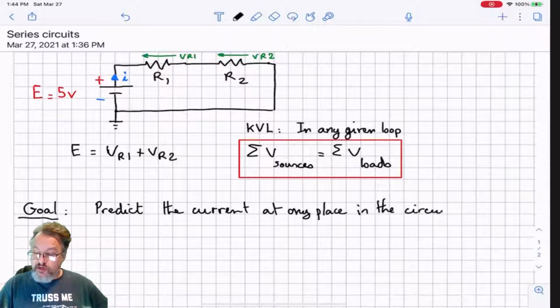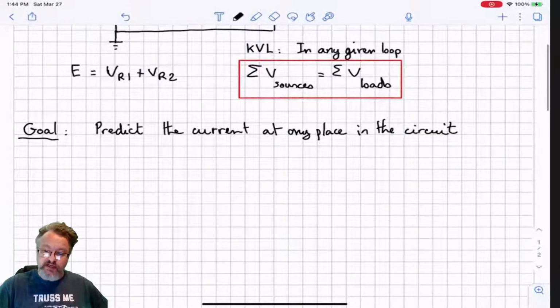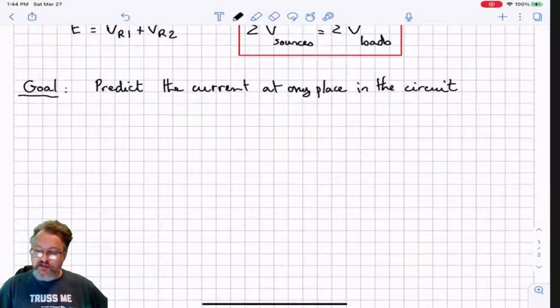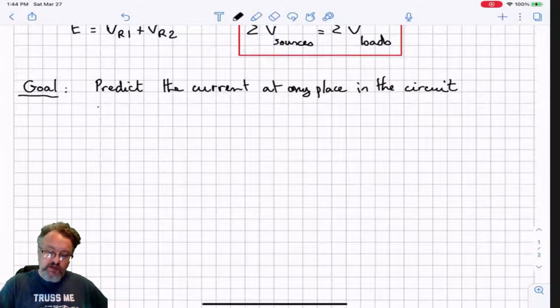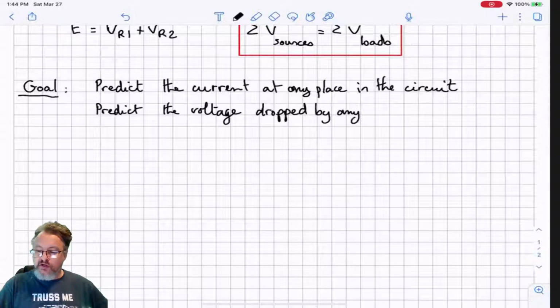And this goal, by the way, is not just a goal for series circuits, it's a goal for any kind of electrical circuit. It's to predict the current at any place in the circuit and to predict the voltage dropped by any of the components in the circuit.